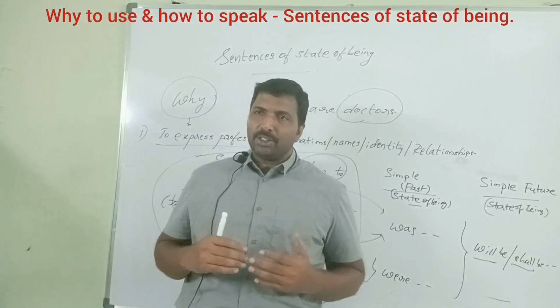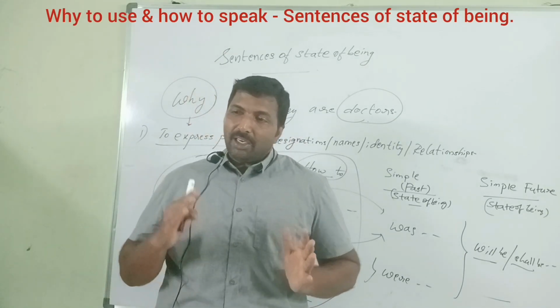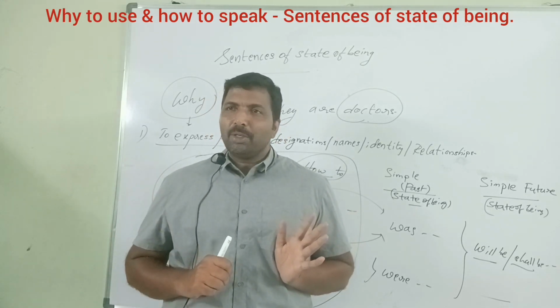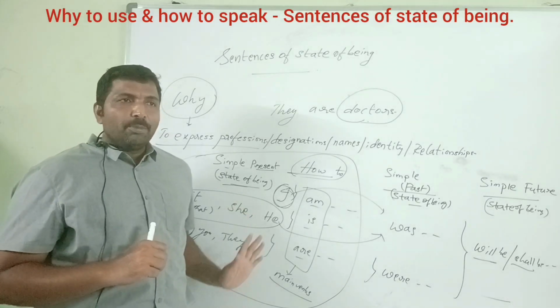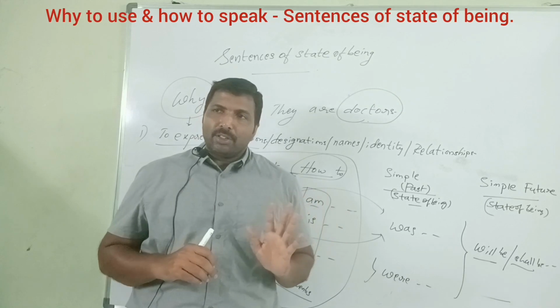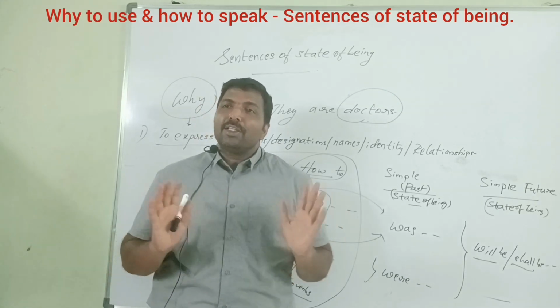I shall be busy after 1 hour is weaker than I will be busy after 1 hour. Are you getting my point? For first person, singulars and plurals, I and we. Coming to you, he, she, it: second person and third person, singulars and plurals, shall be is stronger than will be.